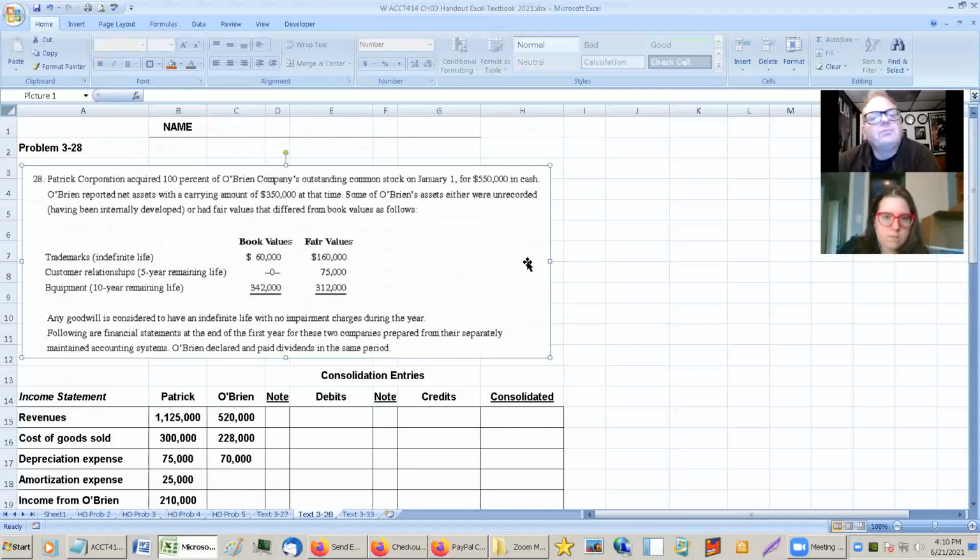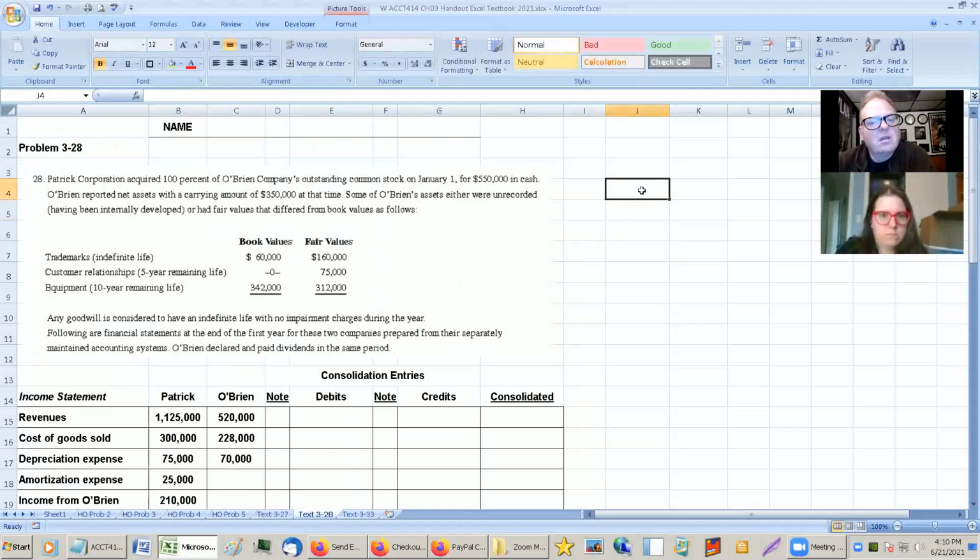Okay. Well, 100%, that's good. They paid $515 cash. I'm going to put this on the side just because paid in cash is sometimes called consideration. Is there a term for that?